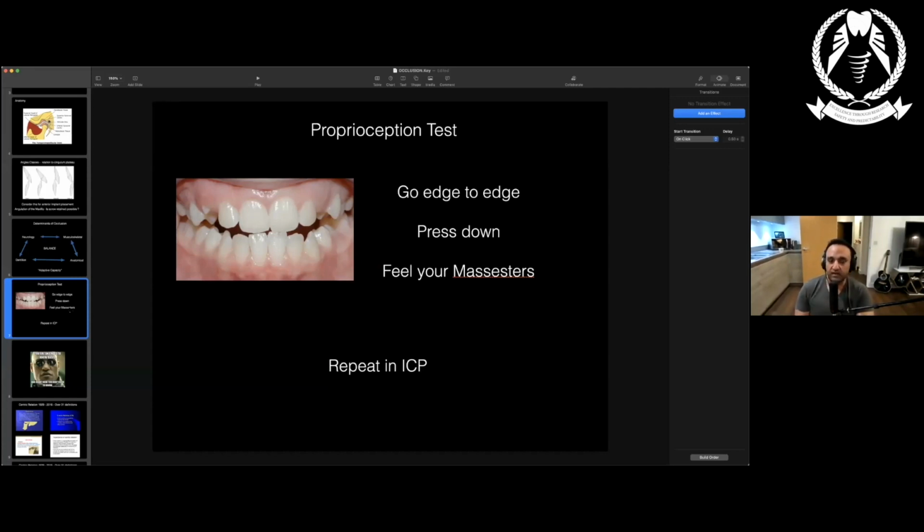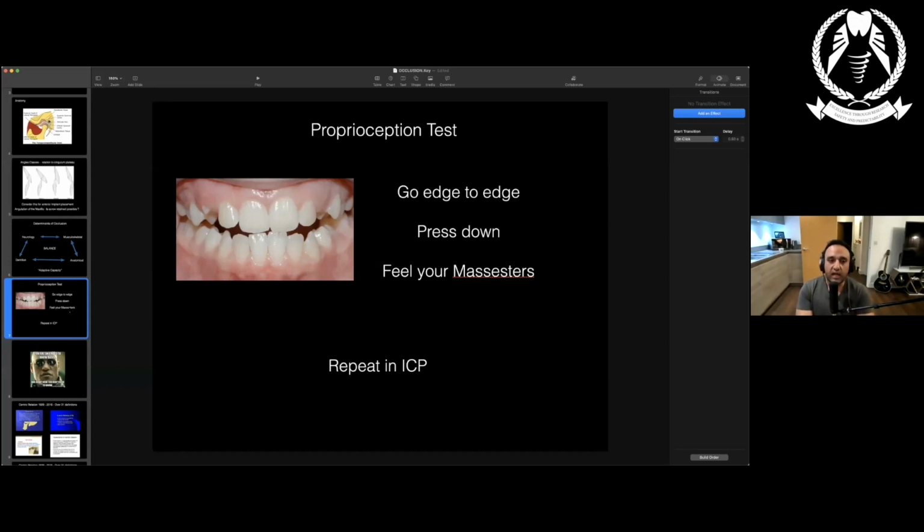And one thing that I see a lot, especially in my London clinic where we repair a lot of all-on-4 cases, is that a lot of patients, when they have alveolar ridge resorption, actually end up in a pseudo class 3 position. So they're restored back into this position, and they can fire up their masseters on all edges.